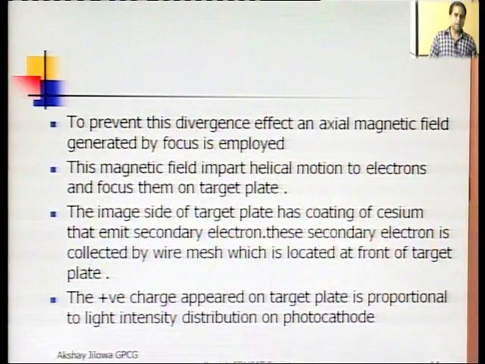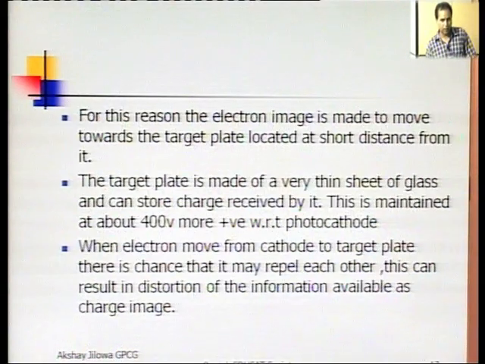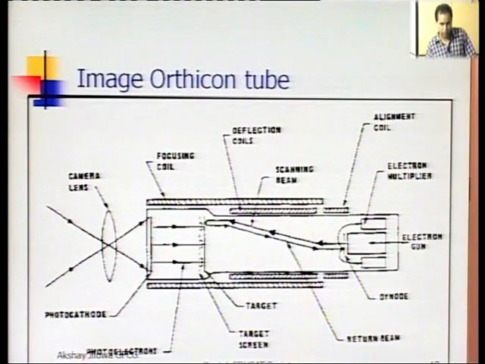The image side of the target plate has a coating of cesium that emits secondary electrons. These secondary electrons are collected by a wire mesh, which is located in front of the target plate. For this, I will have to move back to slide number 10, where this fine mesh is shown. This is that mesh. Here, when electrons strike, there are all chances that there will be a secondary emission of electrons. The electron emitted from this photocathode is nothing but primary emission.